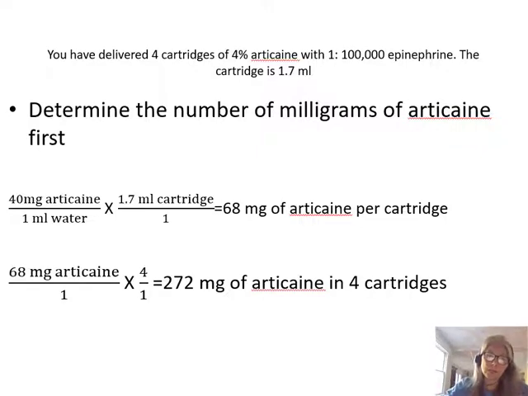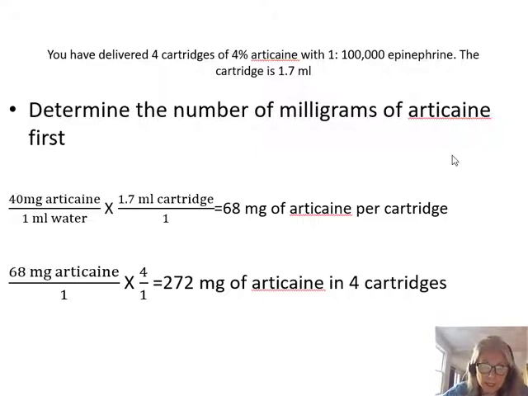So in this equation we have delivered 4 cartridges of 4% articaine with 1 to 100,000 epinephrine. The cartridge is 1.7 milliliters. First, we will determine the number of milligrams that we have delivered of articaine.